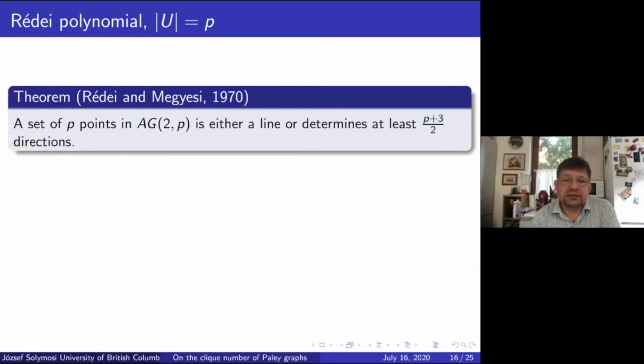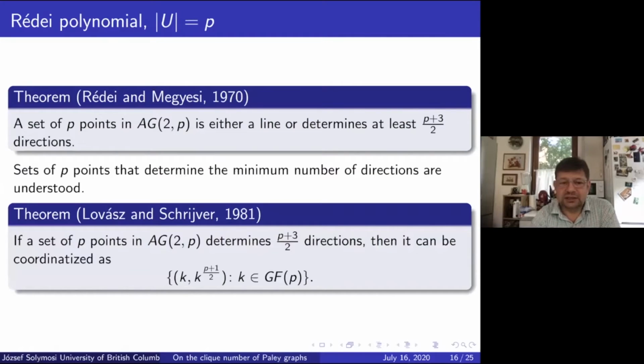And here is the theorem that the number of directions is at least that much. And they use this beautiful polynomial method. But what can you do if there are some other nice results? Actually, one can describe the unique set which has only that many points. That's by Lovász and Schrijver.